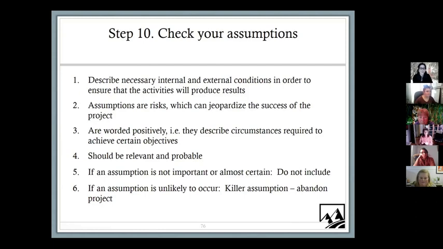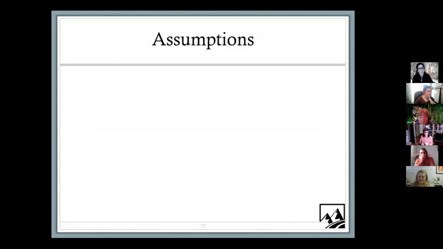But other killer assumptions need to be identified. Like I said at the outset, if you're doing a program plan in November of an election year, you can't assume that the new administration's priorities for funding and action are going to be the same. That would be a killer assumption, again somewhat time bounded.